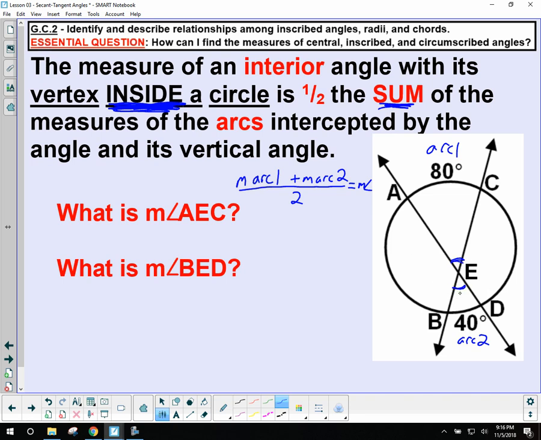We're going to go 80 plus 40 divided by 2 equals the measure of that angle. We're doing AEC right now. So 80 plus 40 equals 120. Divide that by 2, you can do that in your head. It should be 60. And that's what this angle will be. Vertical angles makes this 60.